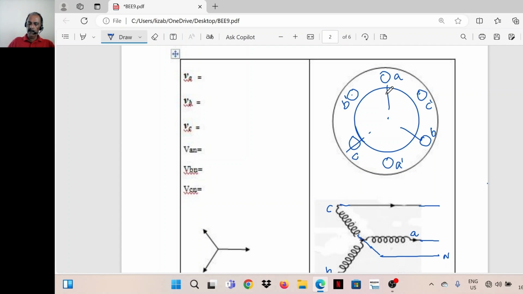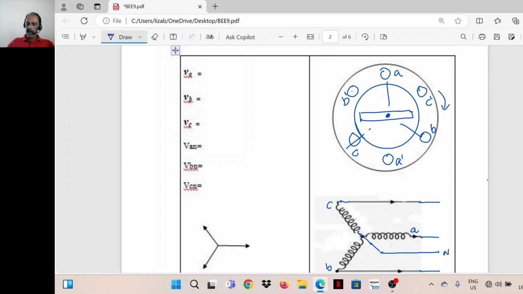Now assume a magnet is at the center. The magnet is rotating in clockwise direction. At this position, the axis of the magnet is at an angle of 90 degrees from coil A dash.